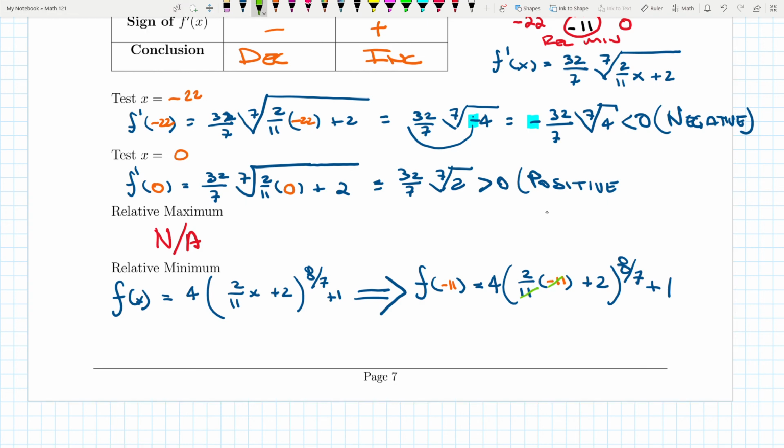That's going to be 2 times a negative 1, that's a negative 2. This will be 4 times negative 2 plus 2 to the 8 over 7. That doesn't matter because negative 2 plus 2 zeroes out. That becomes a 0. And ultimately, we will be left with only this one right here. So the relative minimum will occur at the point negative 11 comma 1.